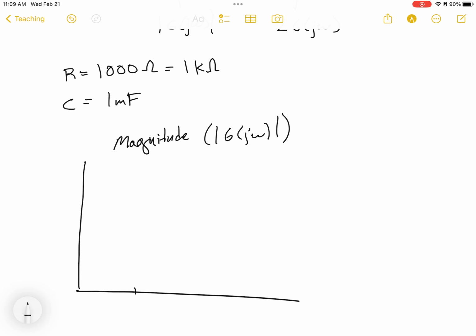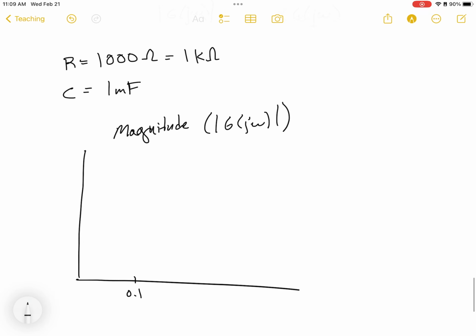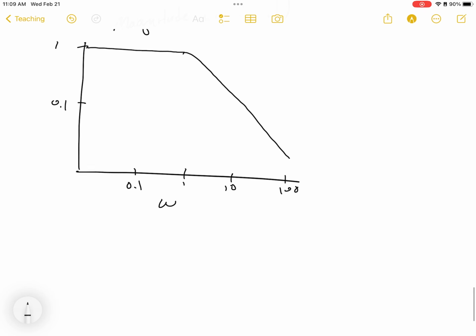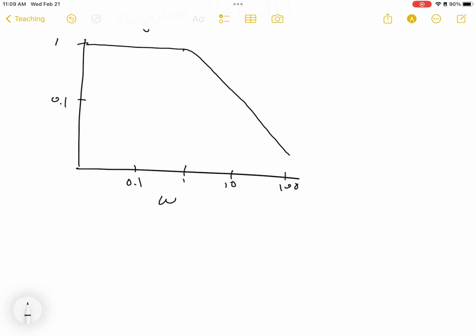So we've got 0.1 radians per second, 1, 10, 100, and 0.1 and 1 on the magnitude axis. It's going to look about like this. It's going to go straight, and then it's going to start curving down as it gets down to 100. And the phase is going to look like this.